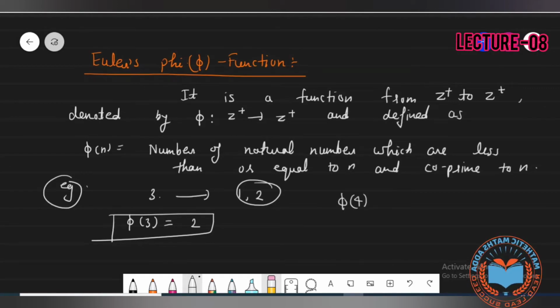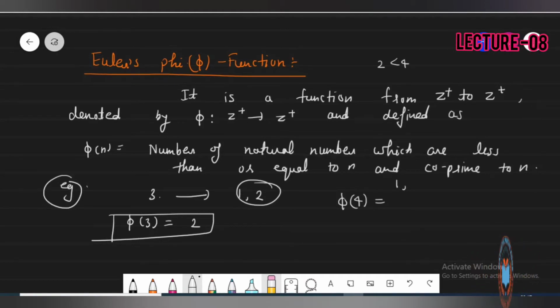If I have to find the value of phi 4, it means I have to find the number of natural numbers which are less than or equal to 4. Now if I take 2, 2 is less than 4 but not co-prime to 4. What is the meaning of co-prime? If I say A and B are co-prime, then their GCD must be 1.